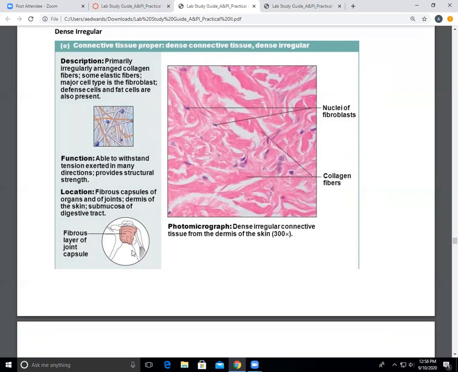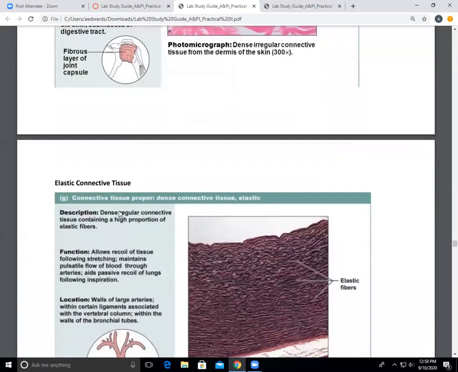Has some elastic fibers. You see it in the fibrous capsules of organs and joints, in the dermis, the submucosa of the digestive tract.